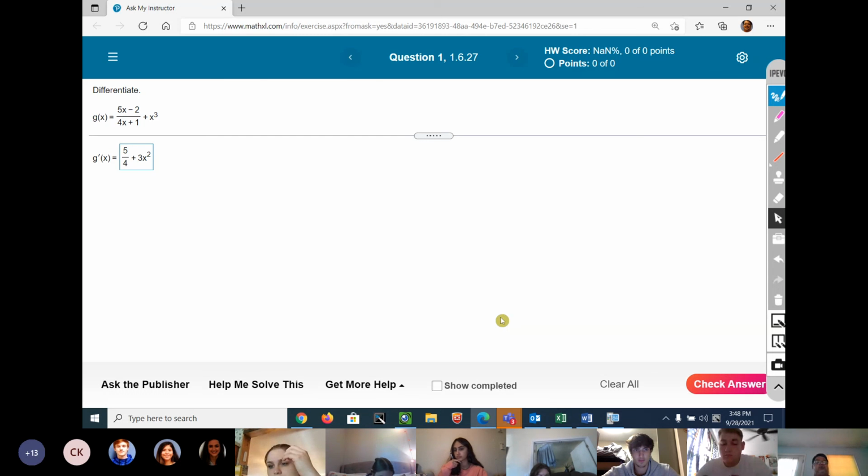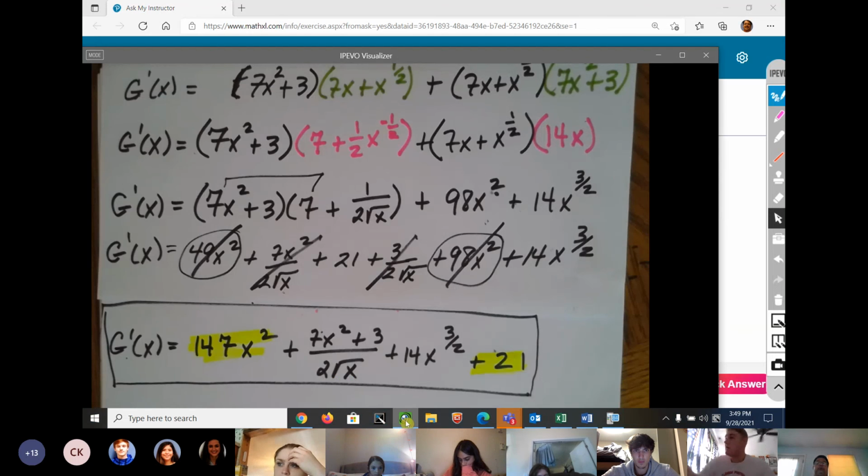And plus x cubed. You can take the derivative of the x cubed by itself because this is a sum, it's got a plus there. So the x cubed you can change to 3x squared anytime. But we're going to concentrate on this because this is the quotient rule.